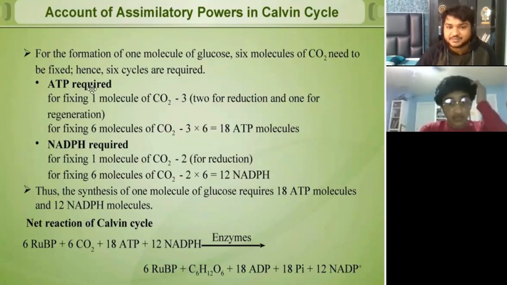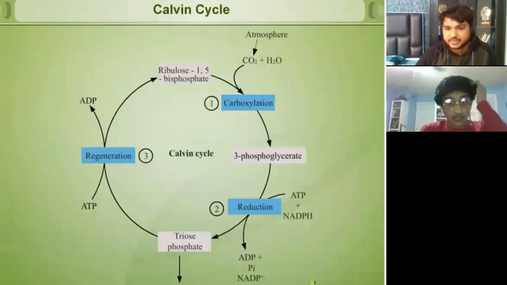So ATP required for fixing one molecule of CO2: you need three, two for reduction and one for the regeneration. See this cycle very carefully.